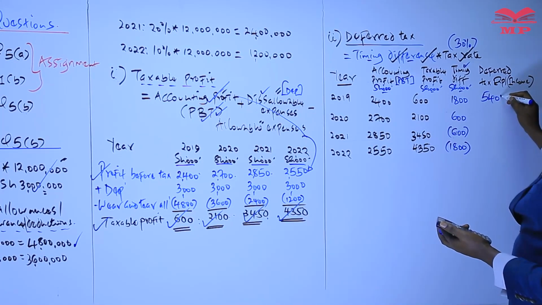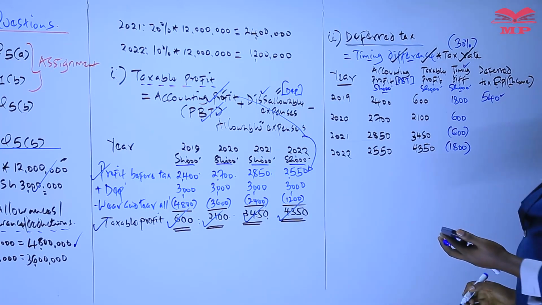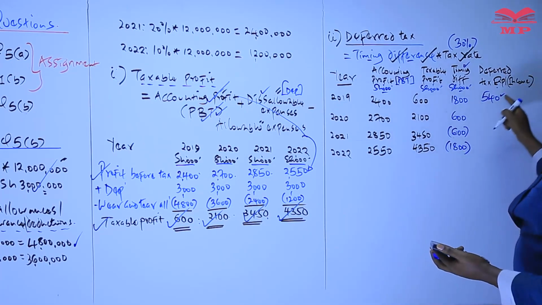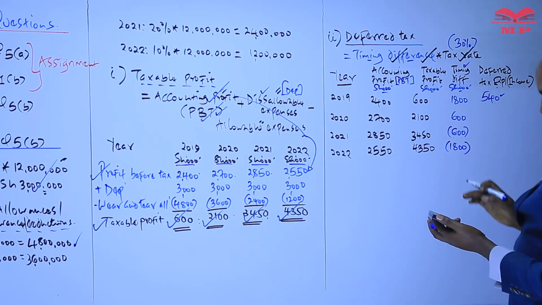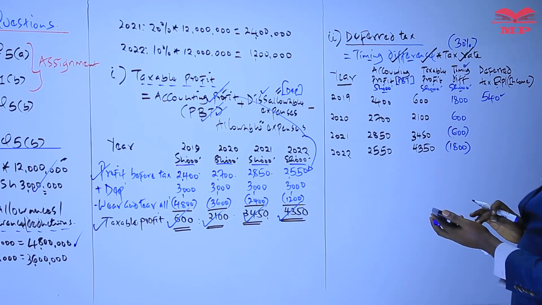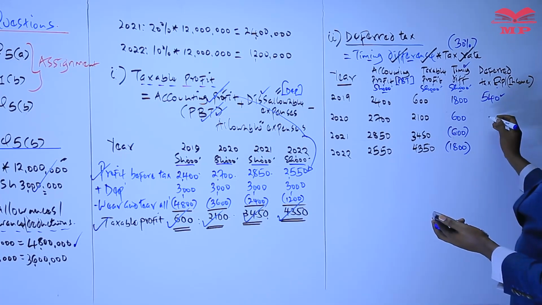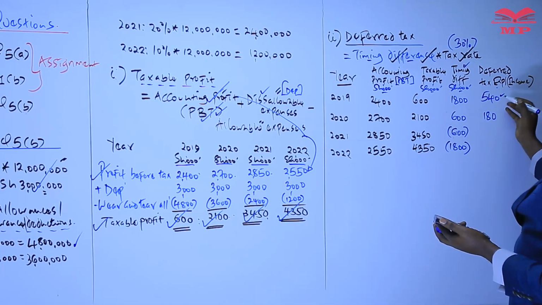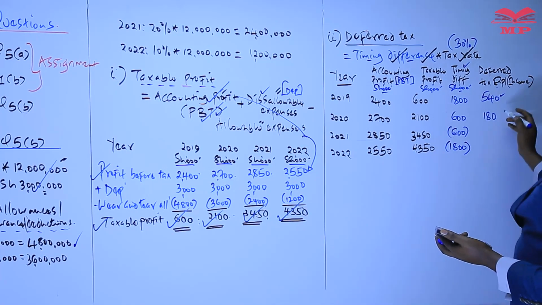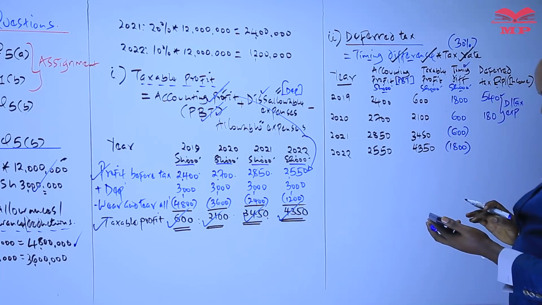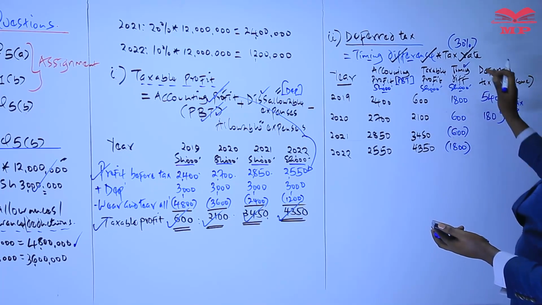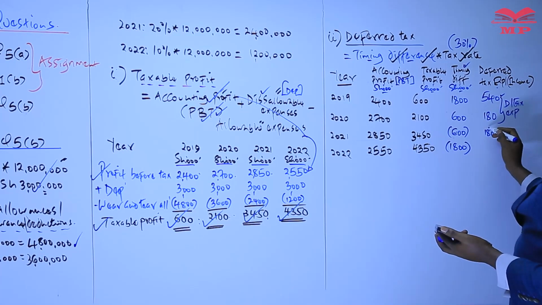And a positive figure here is a deferred tax expense. A negative figure is a deferred tax income. So we do the same here. We take our timing difference times the tax rate. That will give us 180, which is still a deferred tax expense. And then here we have 600 times 30%, which is negative 180.